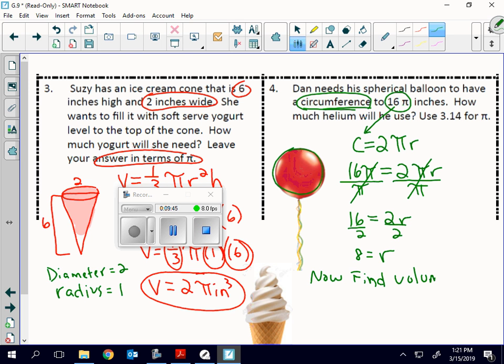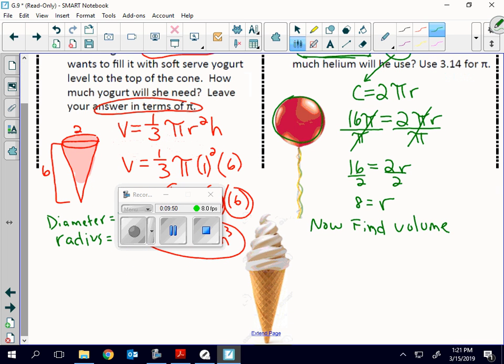Now I can find the volume. The volume formula for a sphere is 4/3 pi r cubed. Now we're going to use 3.14, and r is 8.